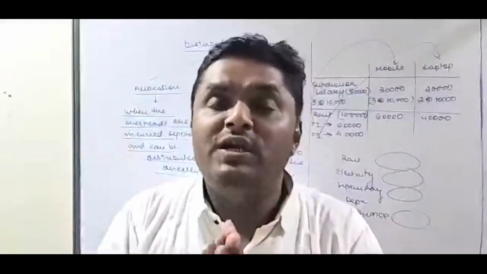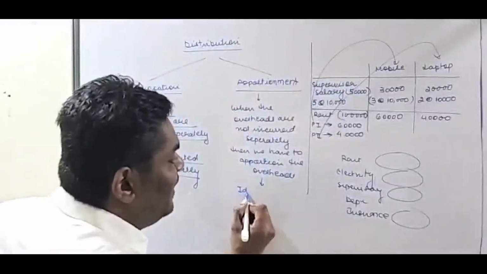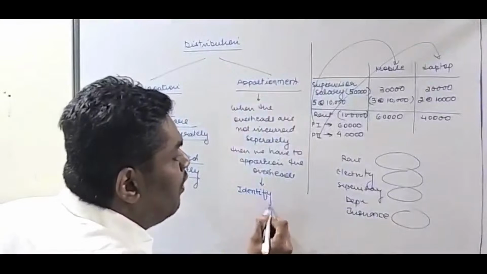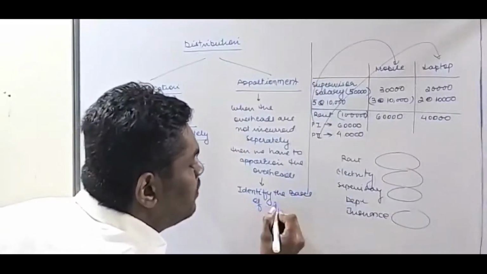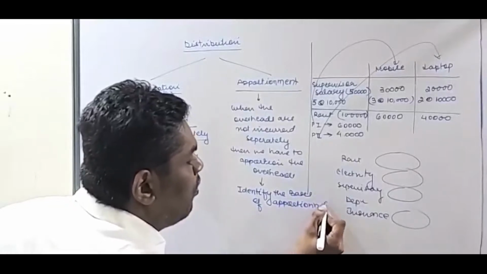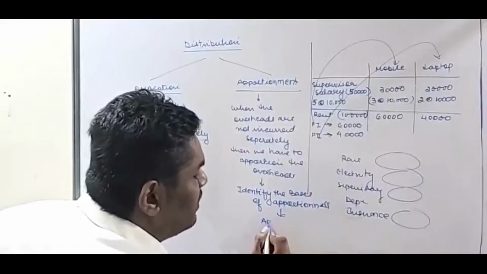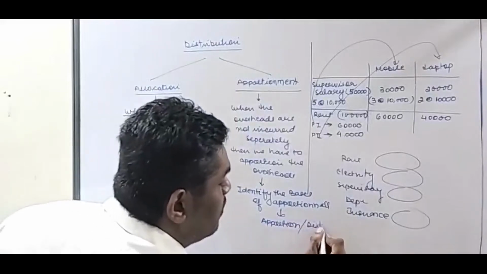So how to apportion? The first step is we have to identify the basis of apportionment, and then we will apportion or distribute.